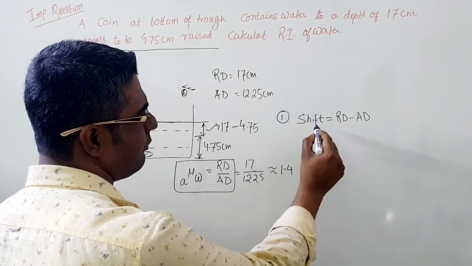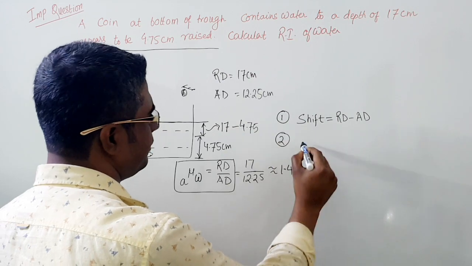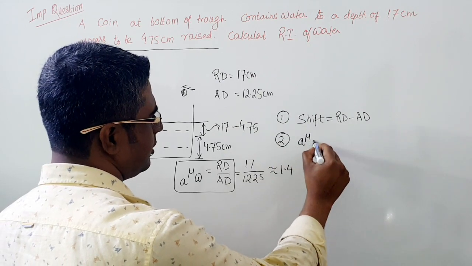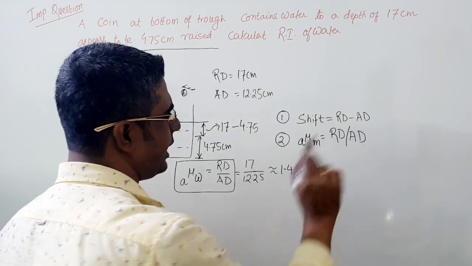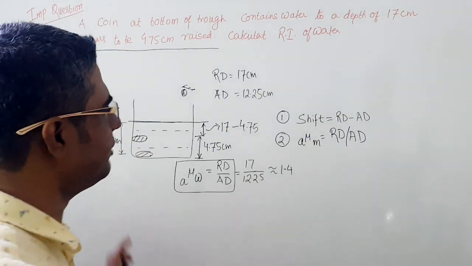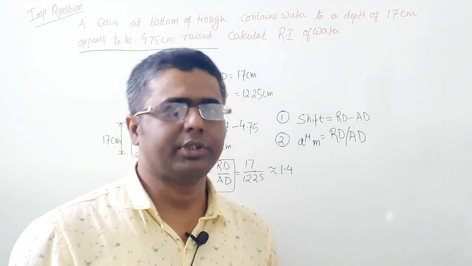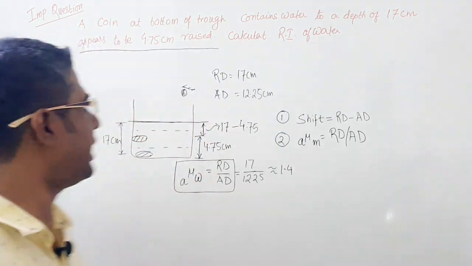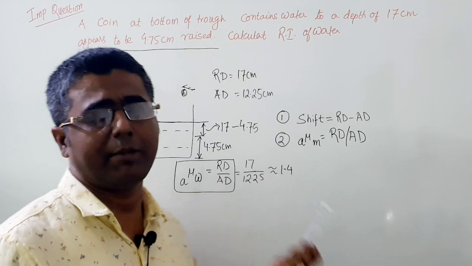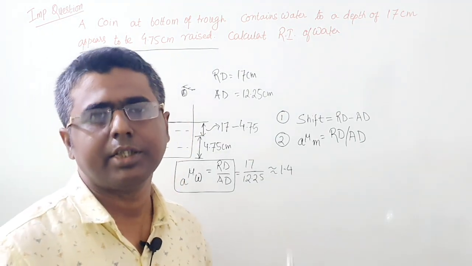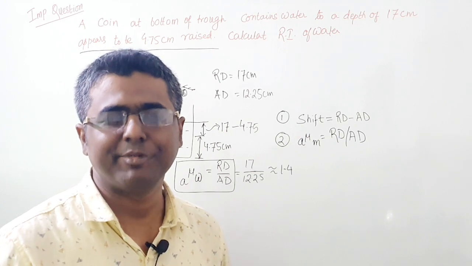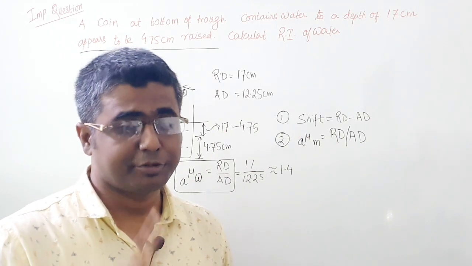Number 2, whatever the medium is, refractive index is real depth by apparent depth. That's it. This is the concept you need to understand and use in various problems. Please go through the diagram of real depth and apparent depth also, because today we are discussing this question, another question may come next time which you may miss again. So please read the textbook.